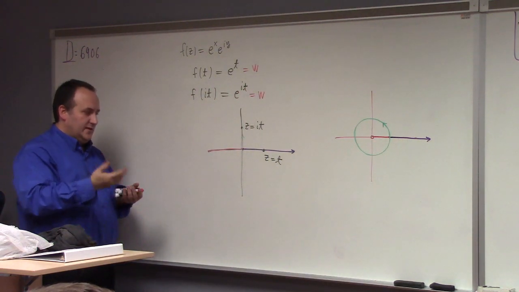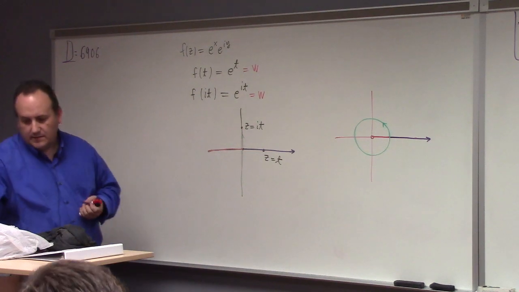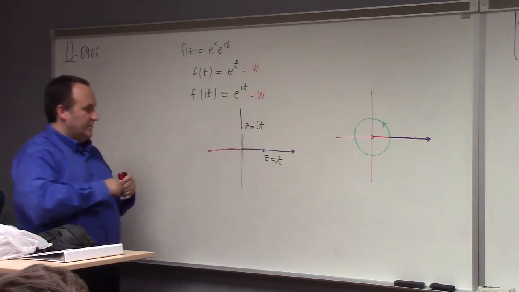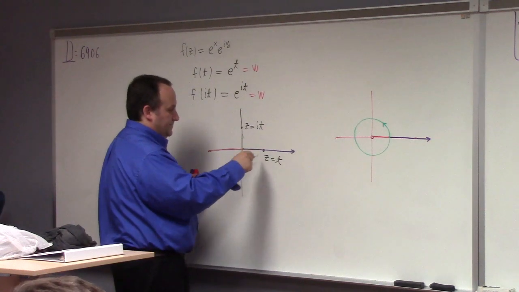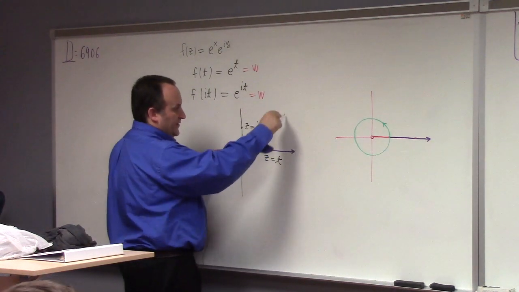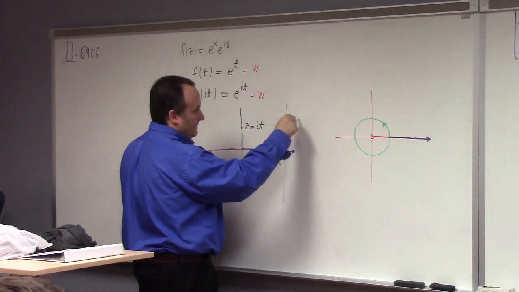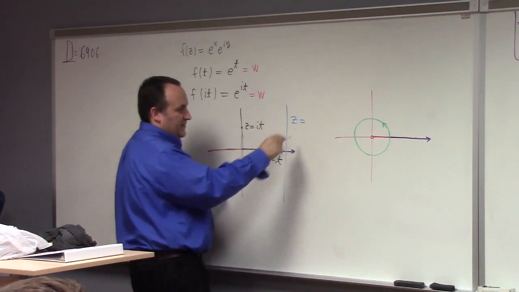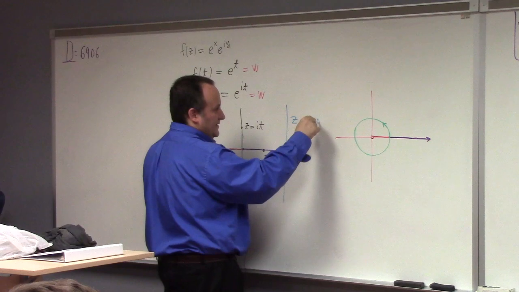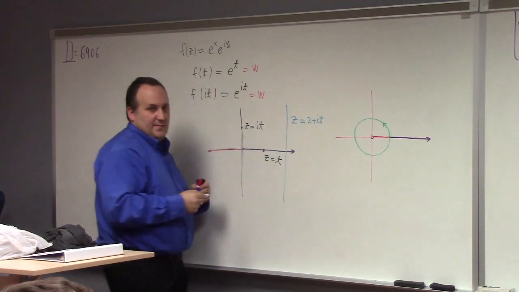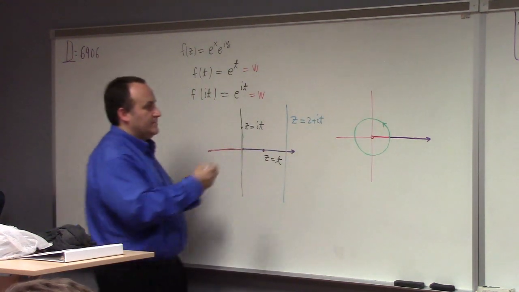And then you can look at other curves, right? Like if we did, for example, how about over here? What if I did this line? What would this be? z equals what? Maybe 2 plus it? What's that map to under the exponential?